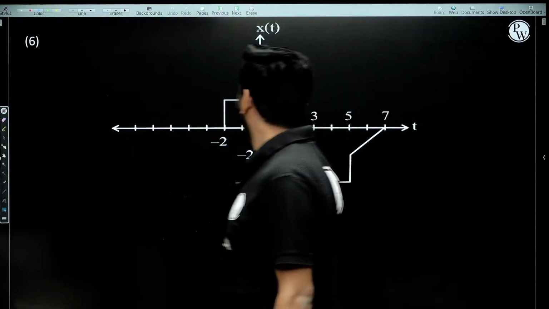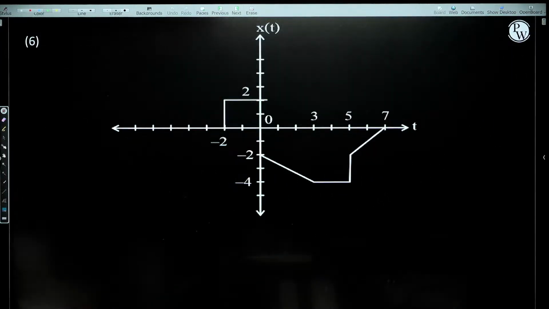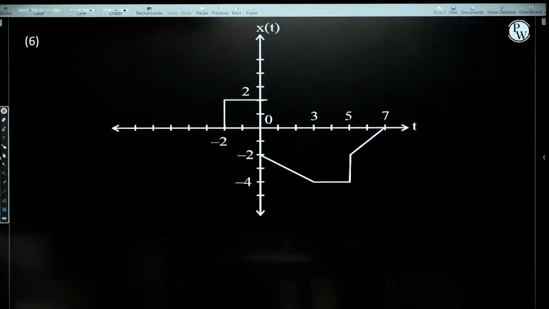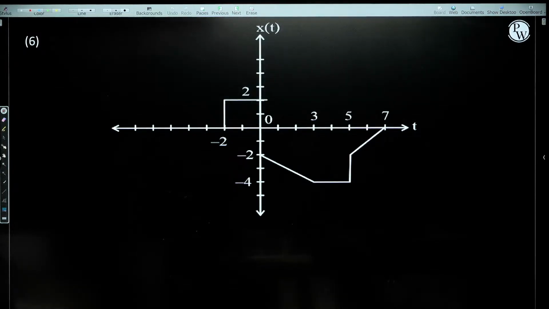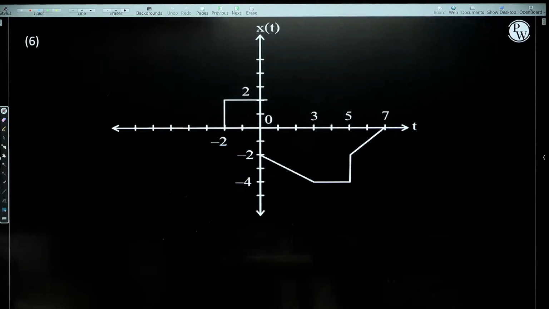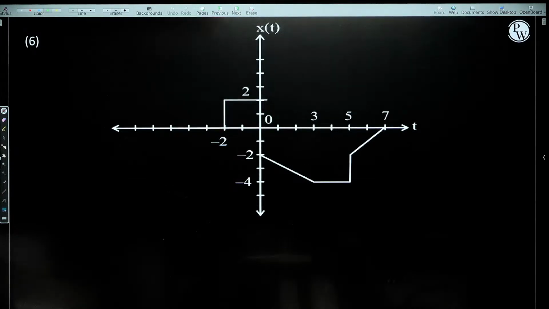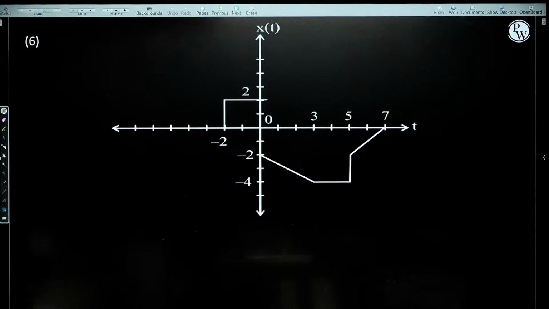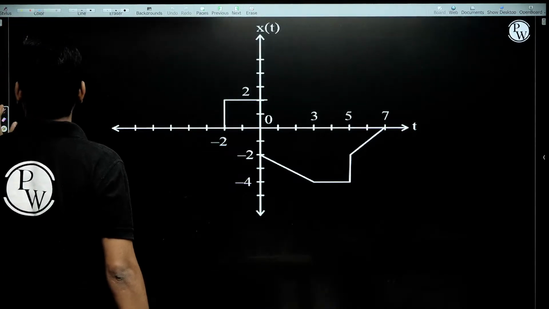Try this question. Now tell me at t equal to 0, guys.